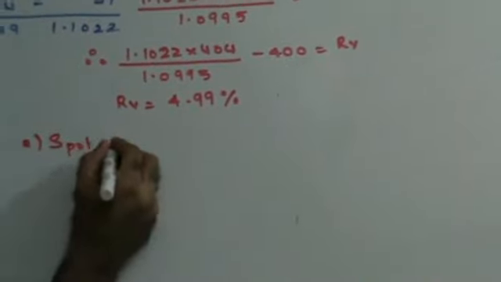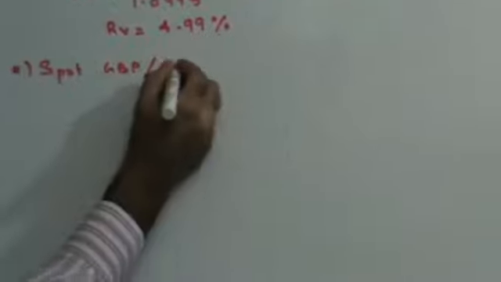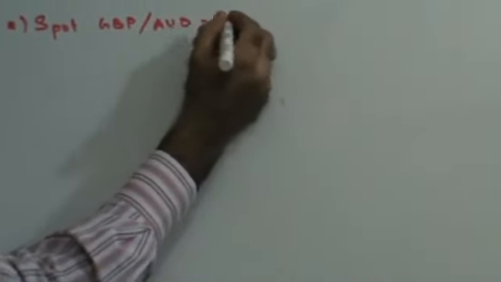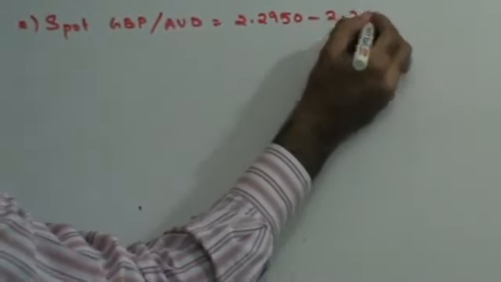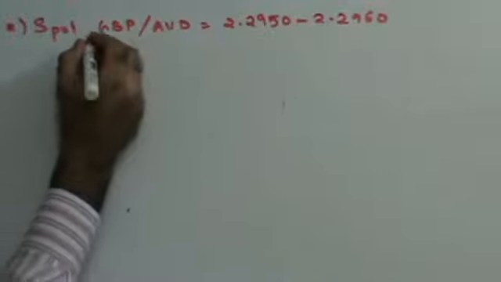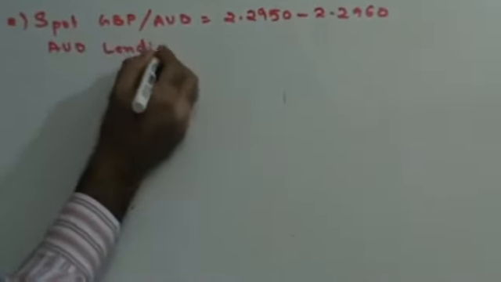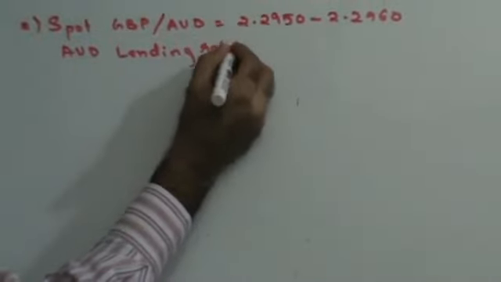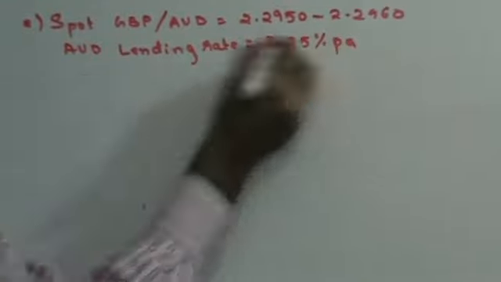Spot sterling pounds Australian dollars is 2.2950, 2.2960. Australian dollars lending rate is 2.25% per annum.